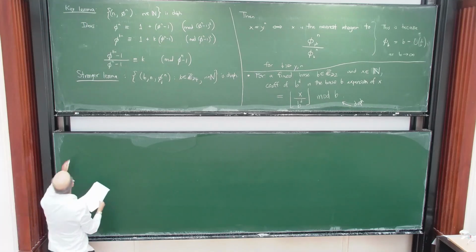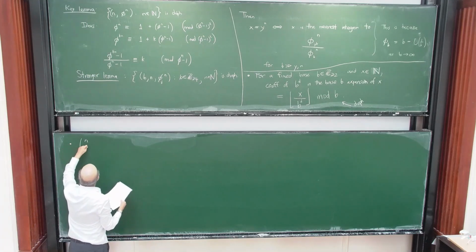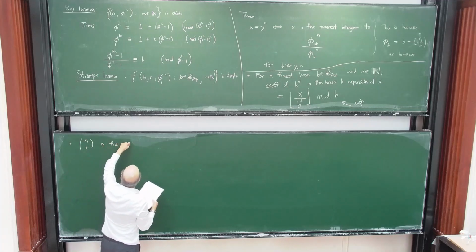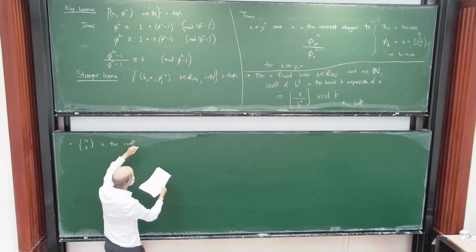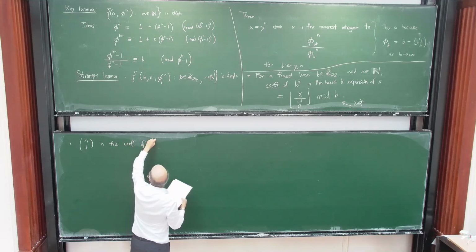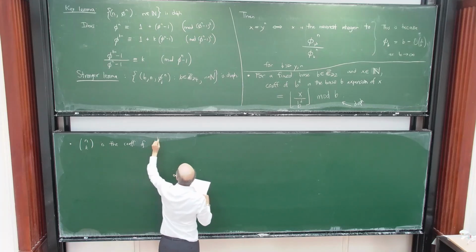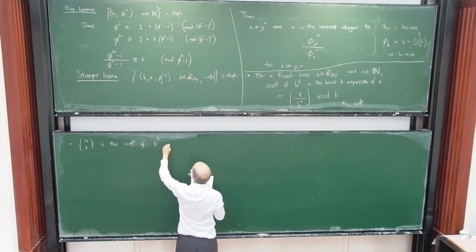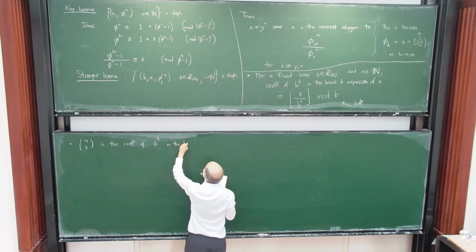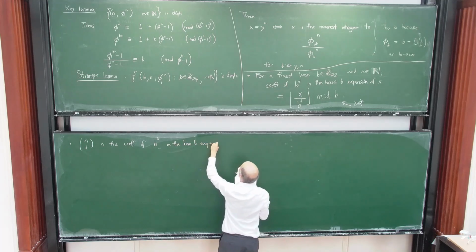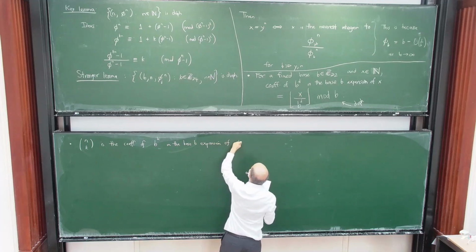Right. So n choose k. This is one of the digits, the kth digit in the base b expansion of b plus 1 to the n.